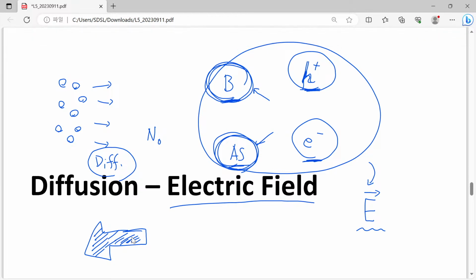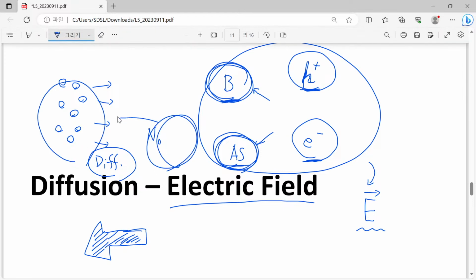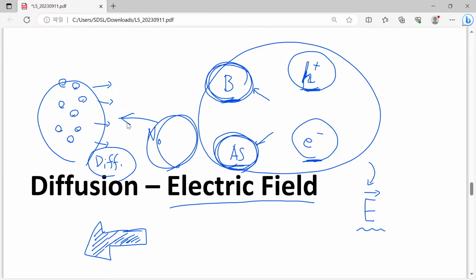The electric field pushes our arsenic atoms away from this point. So that is quite important for realistic cases. So you know why we have this kind of discussion.